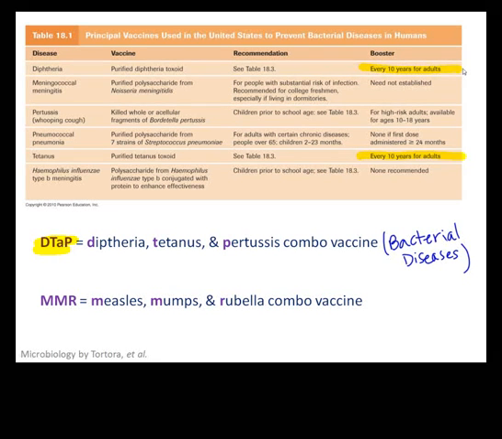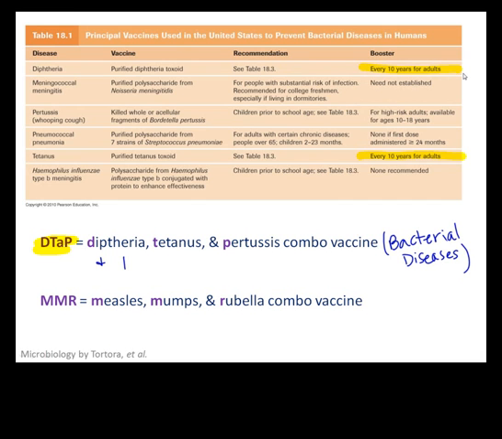They are recommending that adolescents and adults get the Tdap combo that provides extra protection against pertussis. Tdap differs from DTaP in that the quantity of diphtheria and pertussis antigens is less in the adult Tdap formulation.